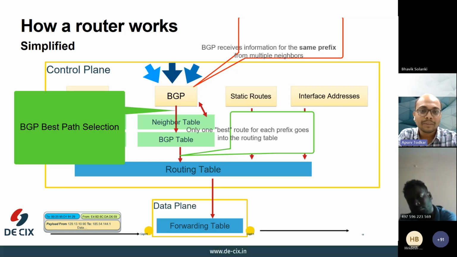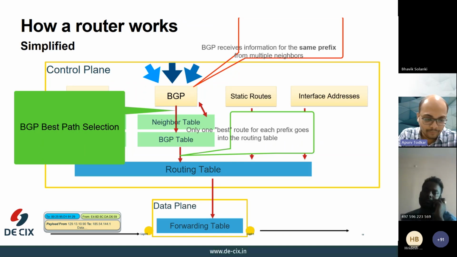To handle this, BGP needs to select the best out of the multiple versions that it has received. So the BGP best path algorithm is used for this purpose, and it picks the best prefix and moves it from the BGP table to the routing table. The routing table is then used to make the forwarding decisions. I'll explain the best path selection algorithm in the next slide.